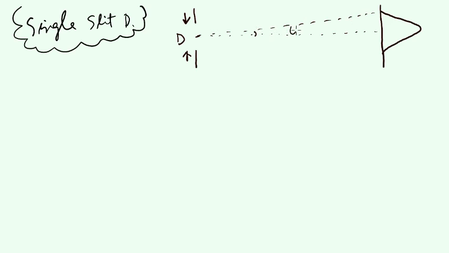The central peak has a width which is controlled by this angular spread theta. So there is a size on the screen, let's say y, and how does this theta get determined? Well, we just found out it is determined by D sine theta equals lambda.